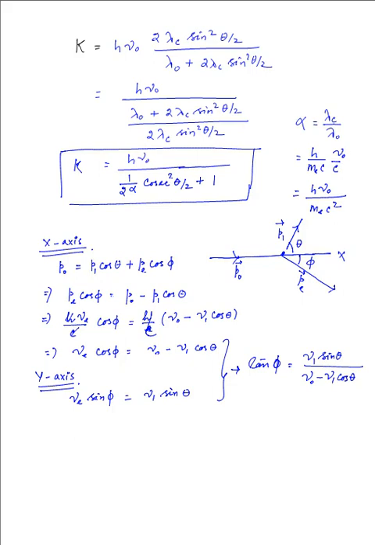If you go back a few pages, you will see that we had obtained the difference in the reciprocal of the frequency, which has come out of the difference in the wavelength. So 1 over nu 1 minus 1 over nu naught was equal to h over me c squared times 1 minus cosine theta.